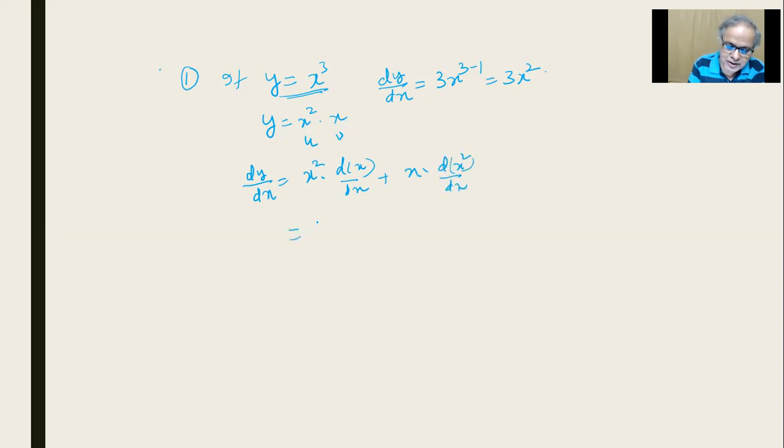Look at this: x square times dx by dx is 1, plus x into d of x square, which is 2x. So what do we get? x square plus 2x square, which is already there. Okay.